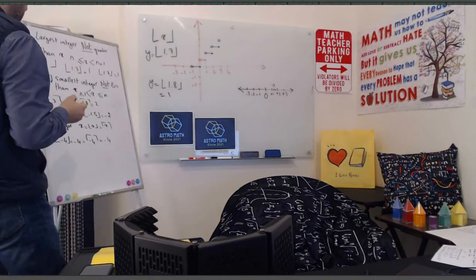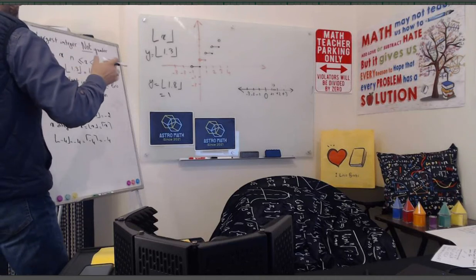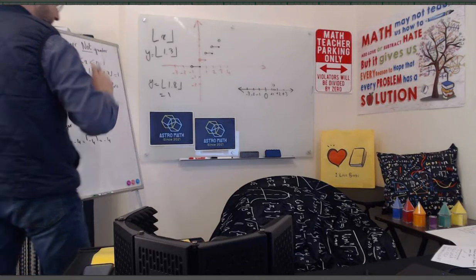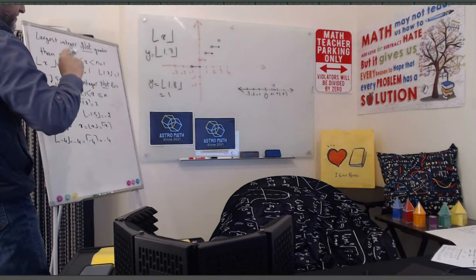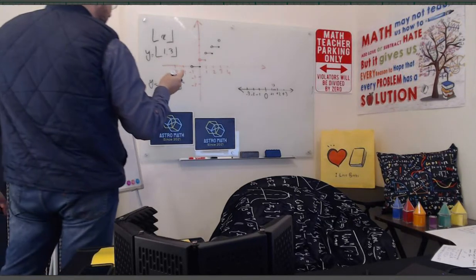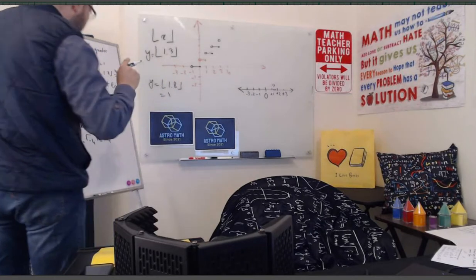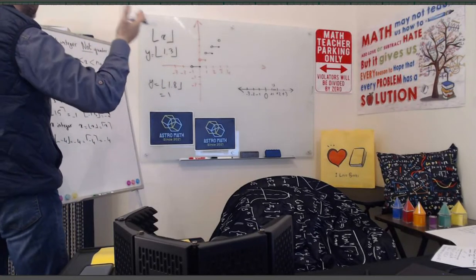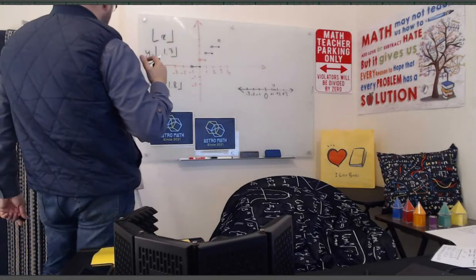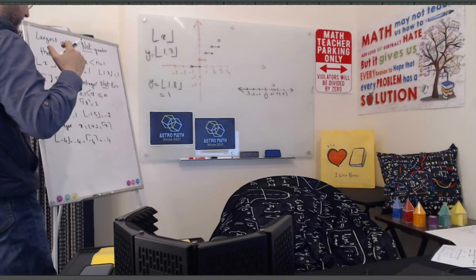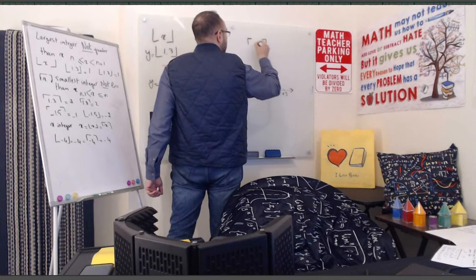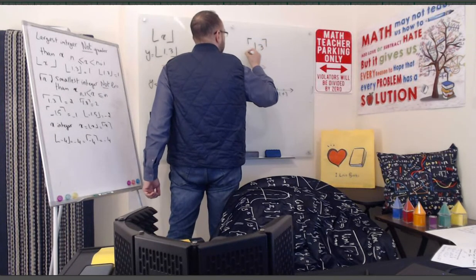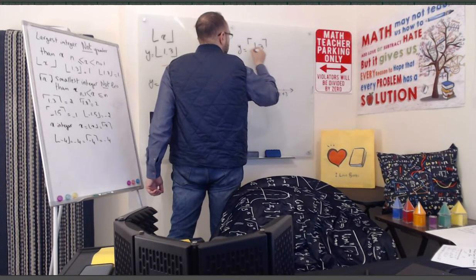Okay? Now, the ceiling is almost an opposite concept. The ceiling has to do with the smallest integer, not less than x. So the smallest integer, not the largest, the smallest integer, not less than x. So if I have something like that, the same one, 1.3, y equal ceiling of 1.3.